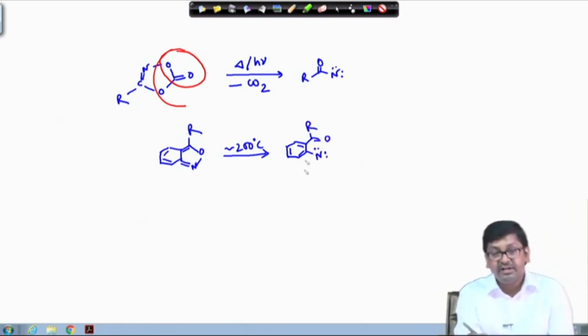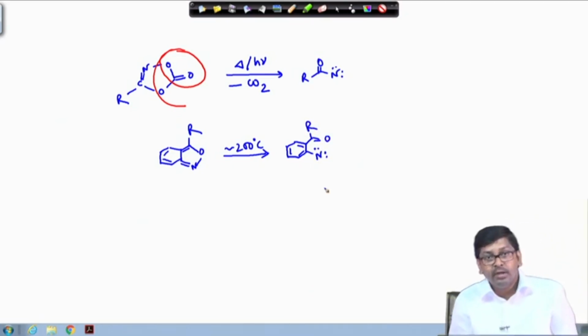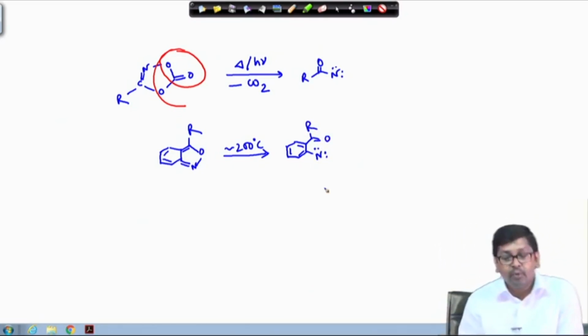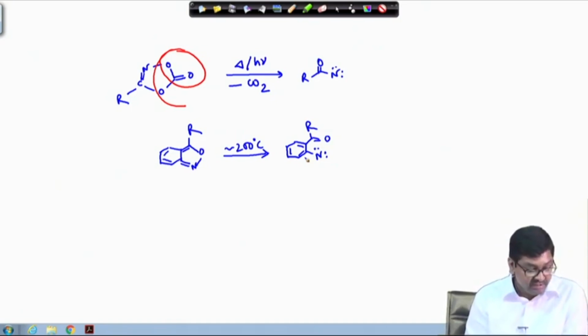So, nitrene is generated. Now, this nitrene can be used for various types of reactions. Importantly, here it is the phenyl nitrene or aryl nitrene that has been generated.